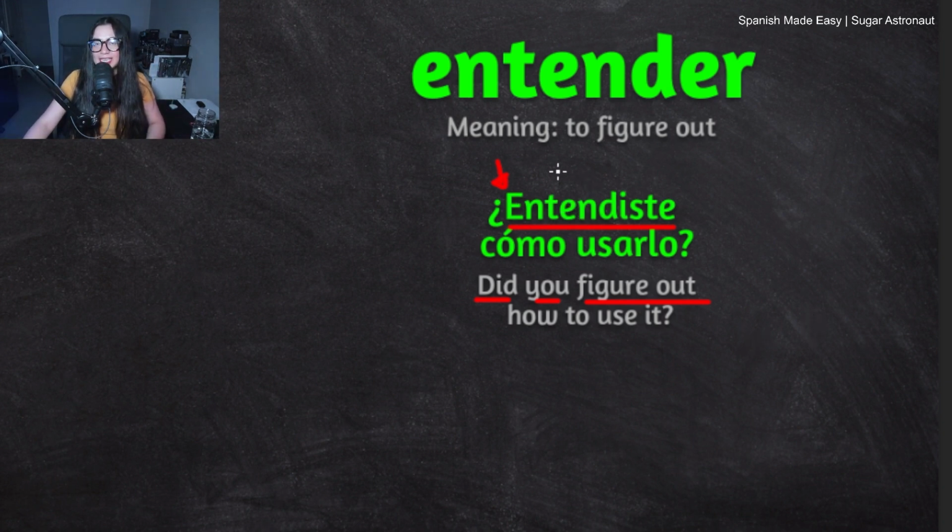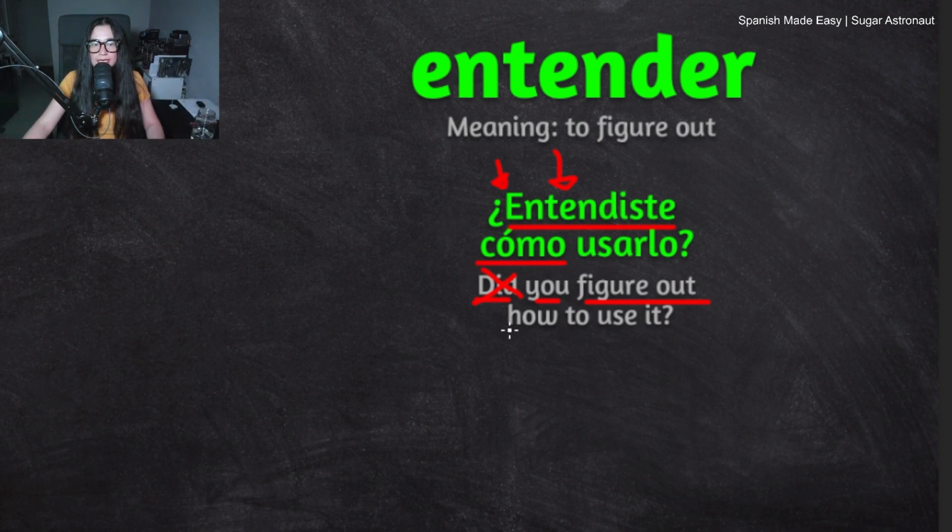We can just say entendiste, and that whole thing means did you figure out. We don't have anything similar to did in Spanish or do in questions, of course. So we just conjugate the verb in the tense that we need, and that's it. We don't have did or do when talking about questions. So entendiste means did you figure out.